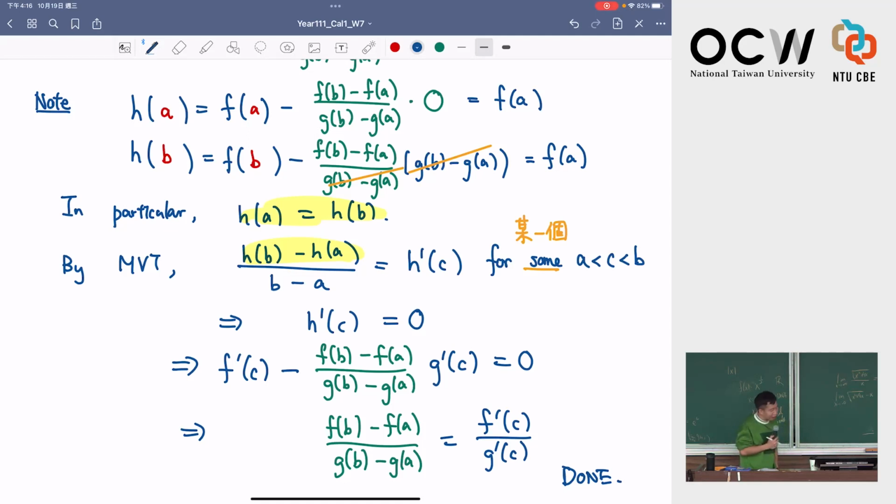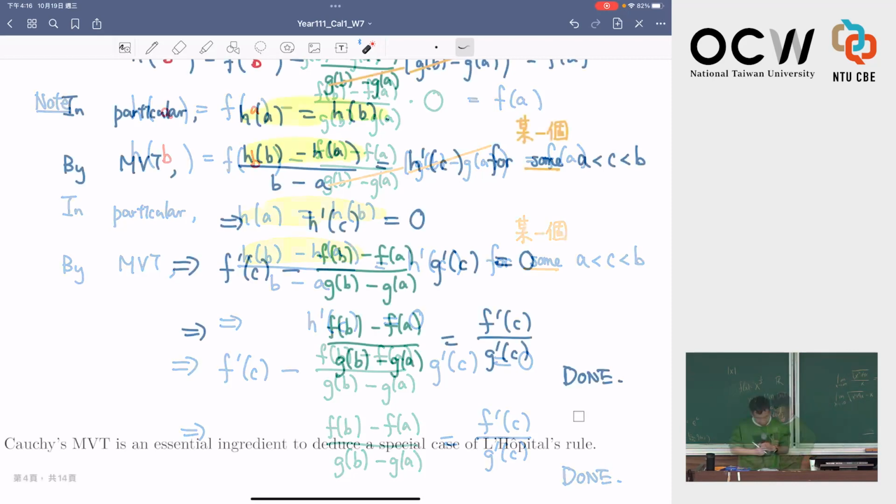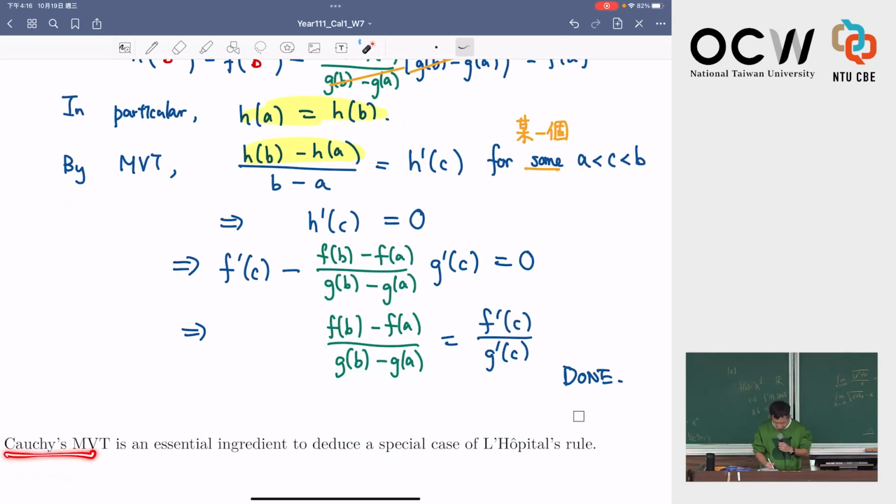Because for some of you, if you know L'Hopital rule, you realize that this looks familiar, okay? It turns out one special case of the L'Hopital rule is a consequence of the Cauchy MVT. So as I mentioned here, Cauchy MVT is an essential ingredient to deduce a special case of L'Hopital rule.